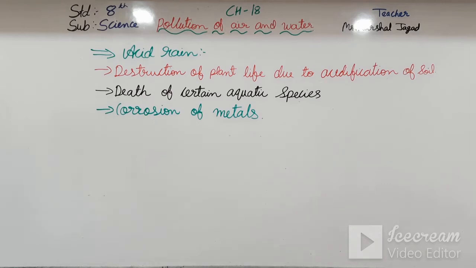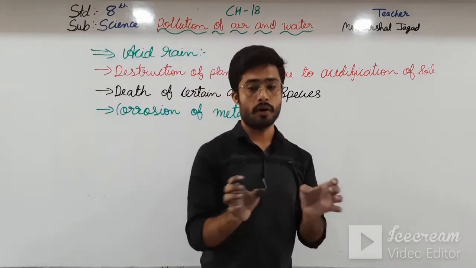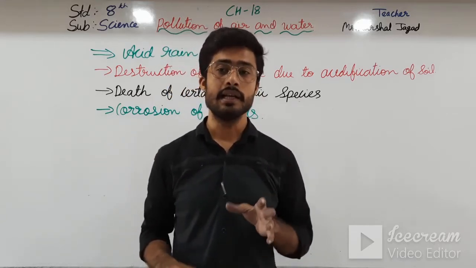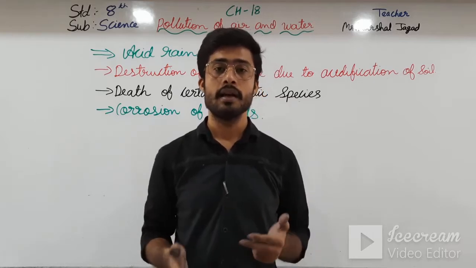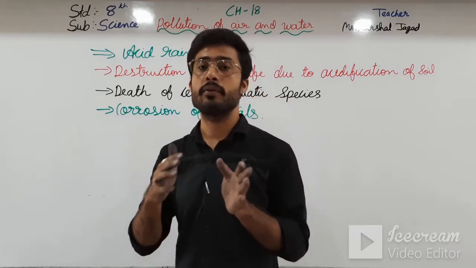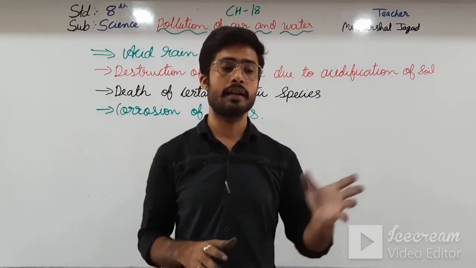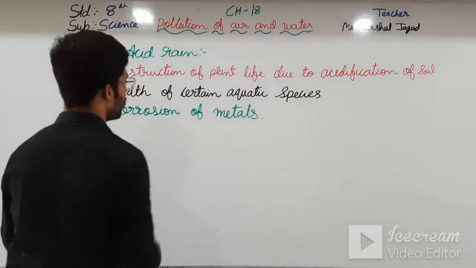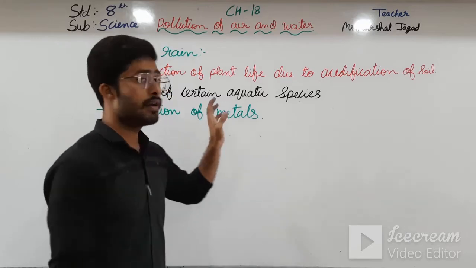If we take iron, when it touches the water, it starts corroding. Fe is converted to Fe plus. It oxidizes and forms the corrosion, and the rust comes out. So acid rain does the corrosion of metals.